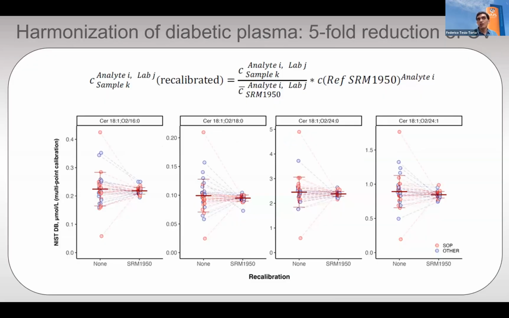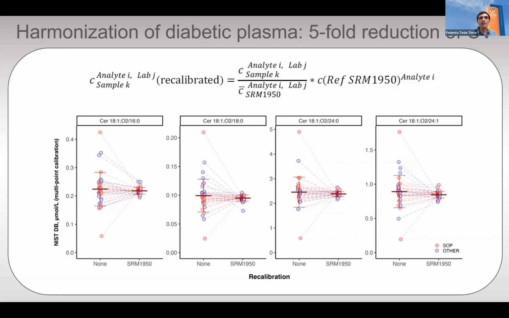And how did we do it here? We basically used NIST SRM 1950 as an external reference, also because it's commercially available and one of the most popular references for human plasma studies. So we harmonized the data between all the participants by doing this. We took the 4 ceramide concentration values obtained from the other 3 different reference materials, the high TG, the diabetic, and the young African American one, by each lab.